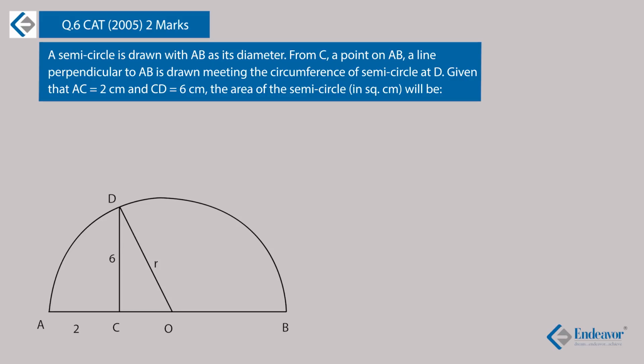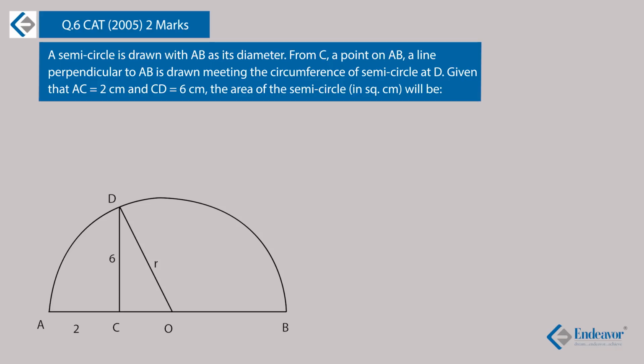In this question, again the figure is not given, so we will have to draw our own figure. Make sure, my friends, that you draw a little bigger and clear figure, because that is the key to solving geometry very quickly. So let's look at the figure.